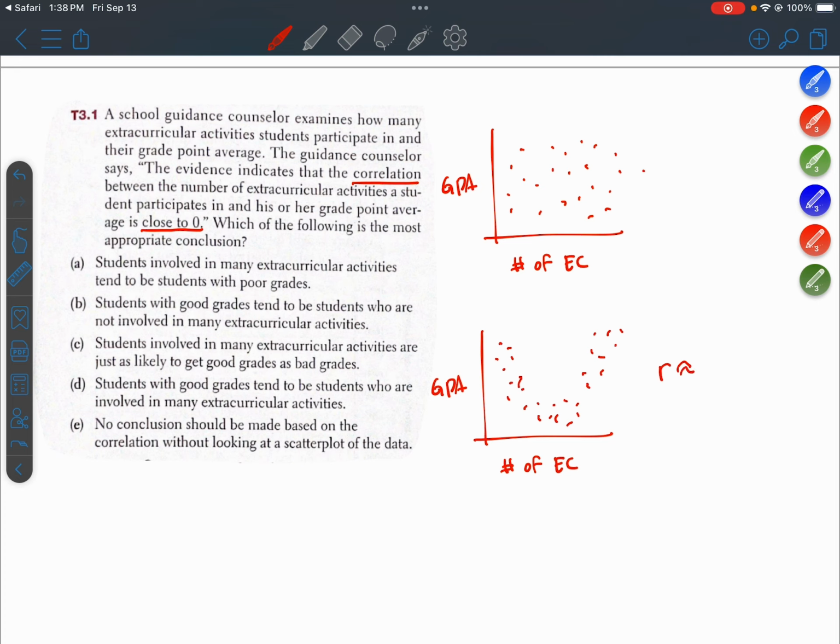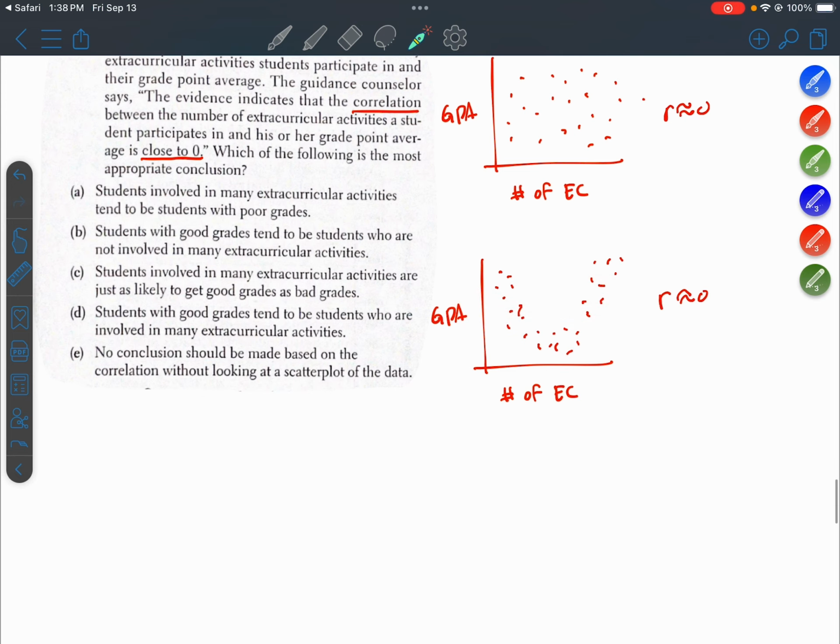This would actually have a correlation close to zero. We have a curved pattern here, but if you try to fit a line to it, the line of best fit is probably just going to cut right through the middle and split the difference. And so you'd have a correlation of zero for that.